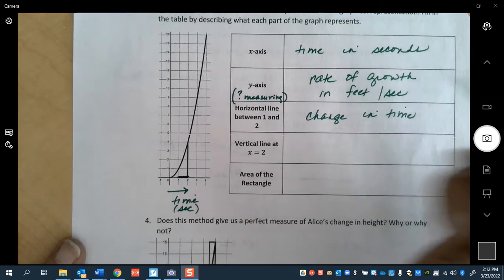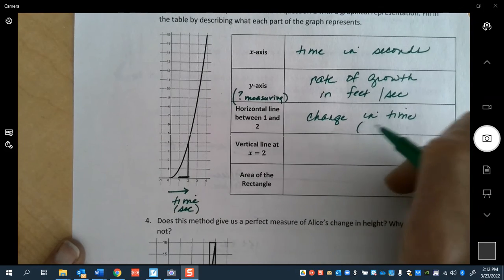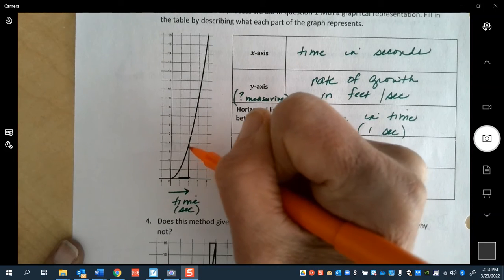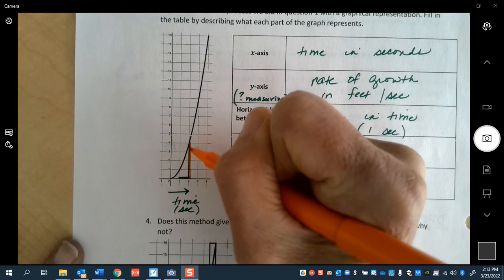And for this, our horizontal line between 1 and 2 is going to be 1 second per second. What do you think about this vertical line at x is equal to 2?